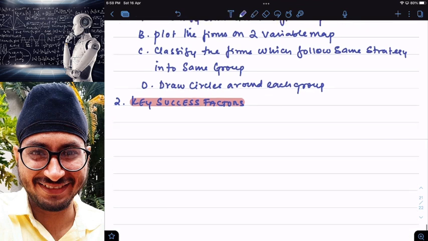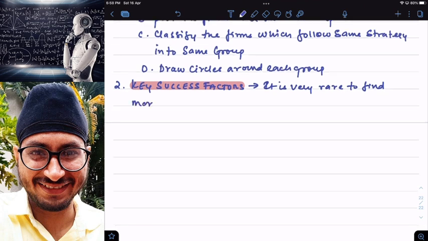And remember one thing, it is very rare to find more than 2 or 3 key success factors in an industry. Clear? It is very rare to find more than 2 or 3 key success factors in an industry.